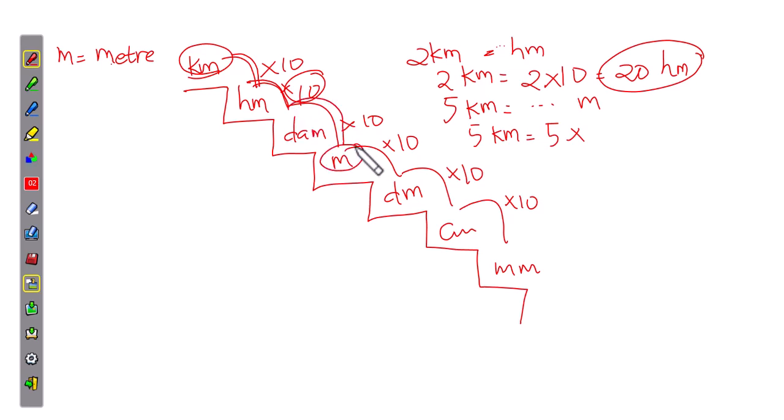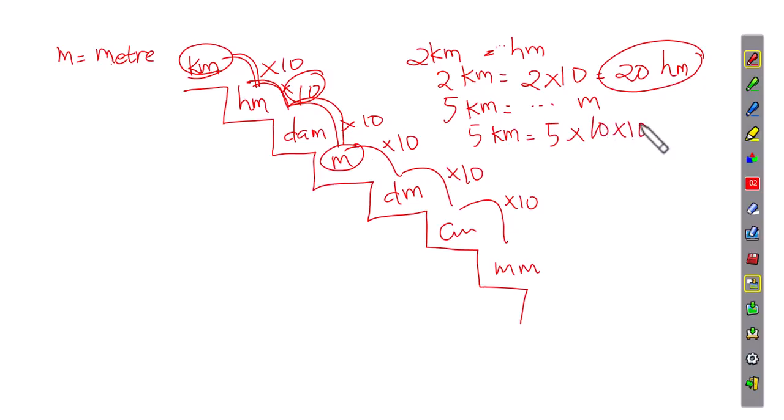So we times it by 10 three times: times 10, times 10, times 10. Then we get the result, 5,000 meter. So here is the way to convert units of length from the top one.